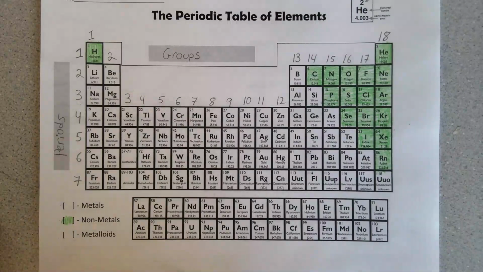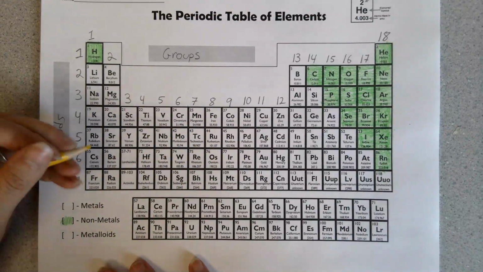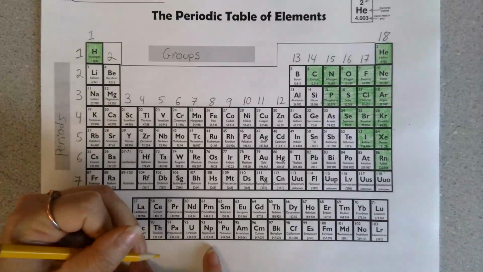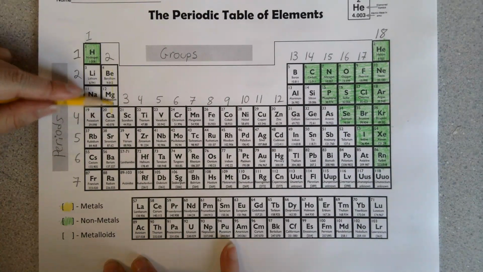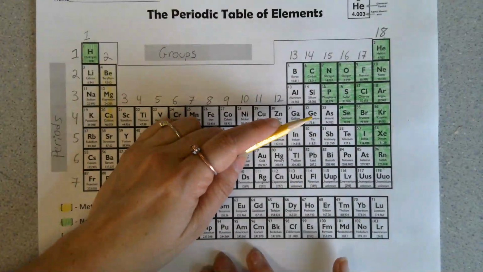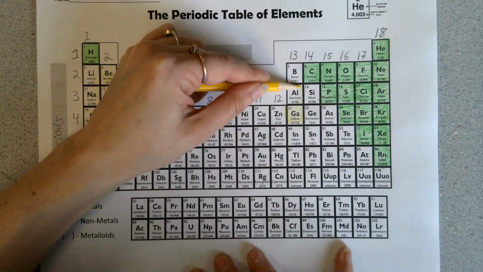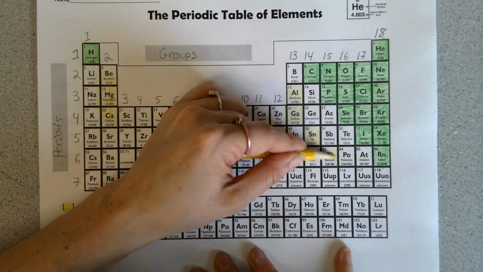Then we can do our metals, and I'm going to mark these in yellow. There's a lot of metals. So what we're going to do is shade everything except these. Tin is good.